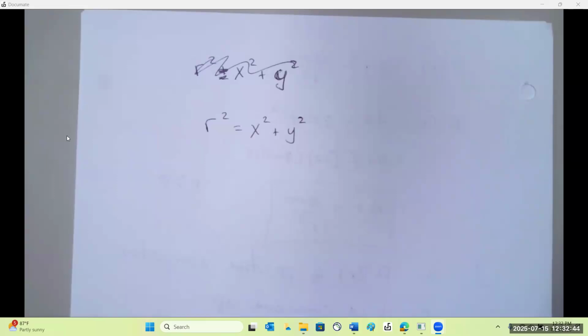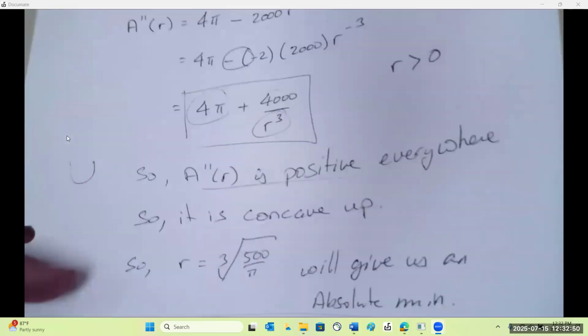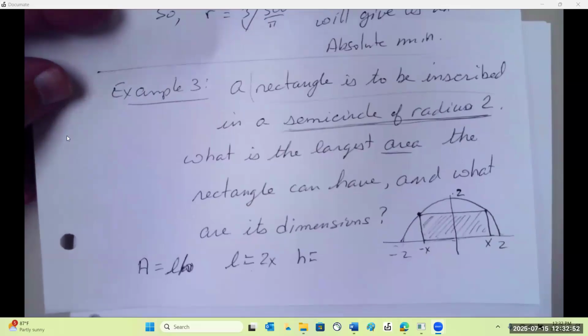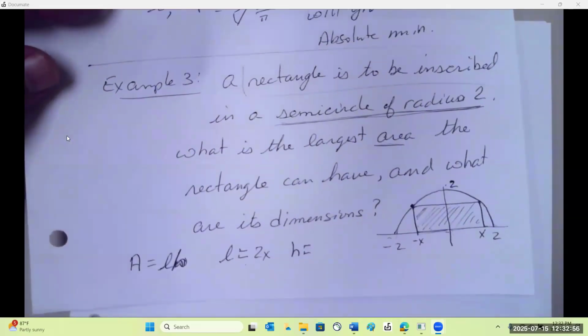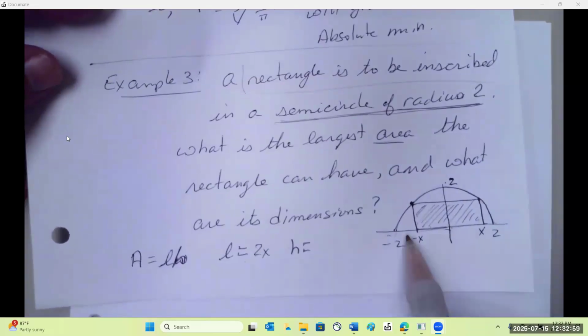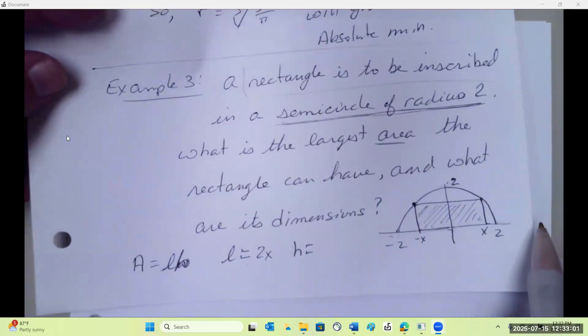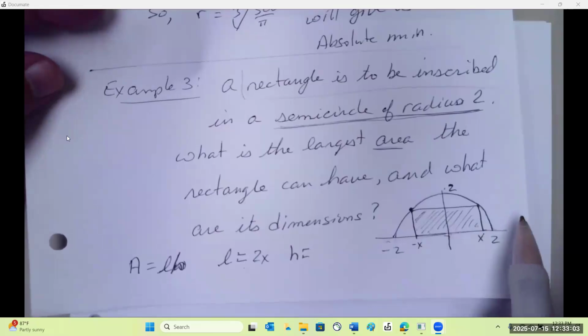What else do we know about it? What else did it tell us? Because it's centered at the origin, that's why it's not x minus h, y minus k.